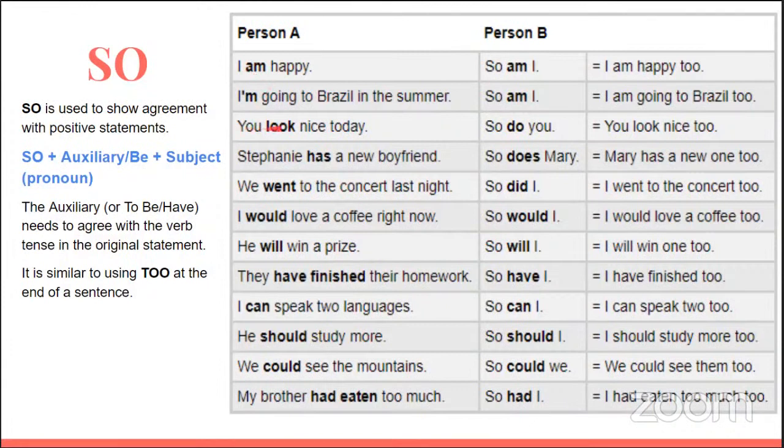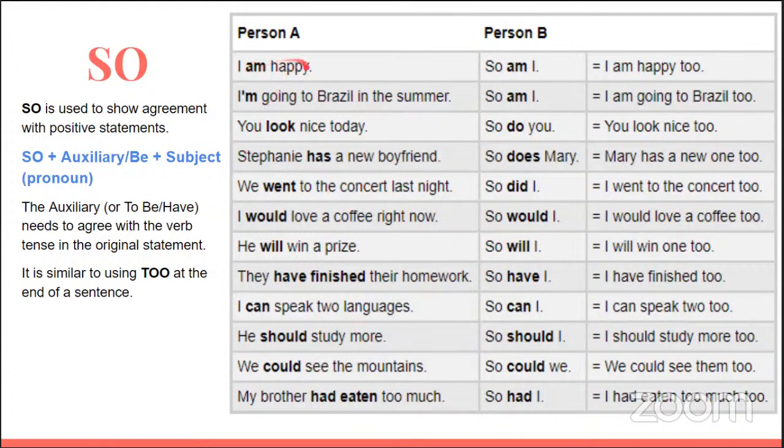If it's simple present with verbs, the auxiliary, and so on. Depends on the tense. Followed by the auxiliary or be, of course, and followed by the subject or the pronoun. And well, the auxiliary or to be or have needs to agree with the verb in the original statement, of course.